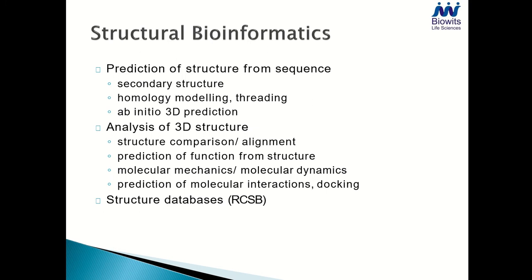We can now do the analysis of 3D structure. This is the structure comparison or alignment, no? Prediction of function from structure, molecular mechanics, molecular dynamics, and prediction of molecular interactions and docking. Okay? And of course, structural informatics is important in structure databases, or the RCSB.